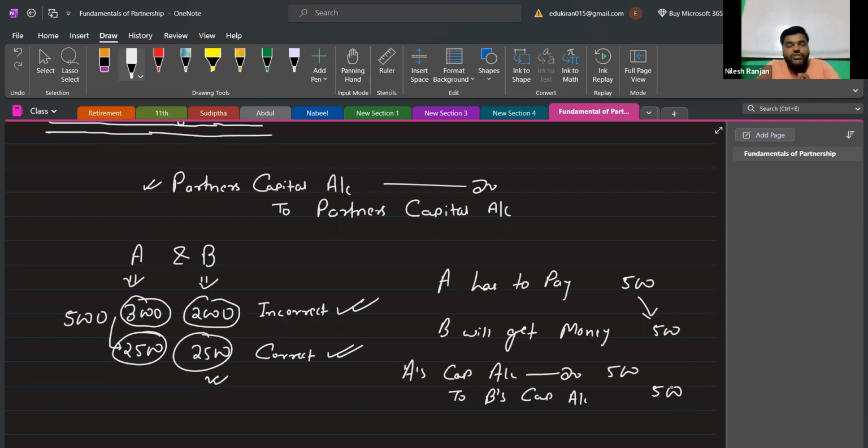After that, there is interest on drawing concept in which we use some shortcuts. So you need to remember the time period we use in the formula: 6.5, 5.5, and 6.